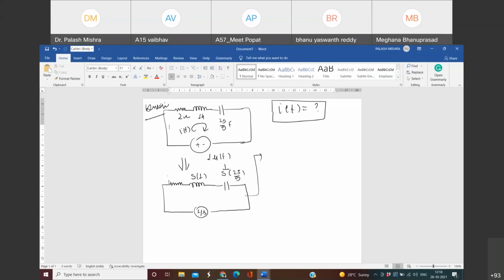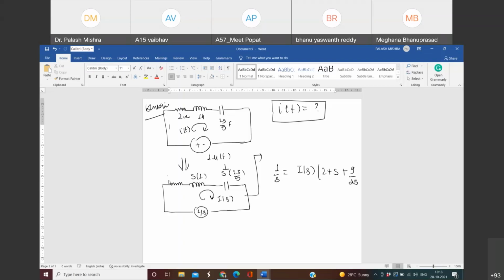Okay. Now you have to apply the KVL in this loop where current is IS. So KVL is 1 by S should be equal to IS times 2 plus S plus 9 by 25S.